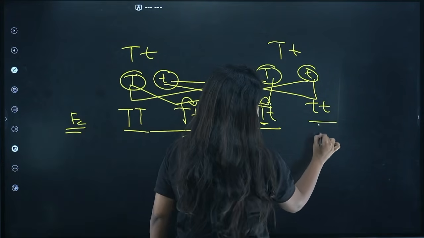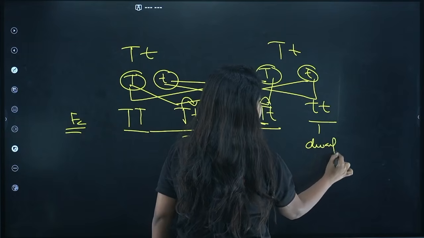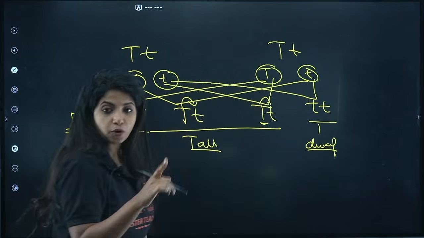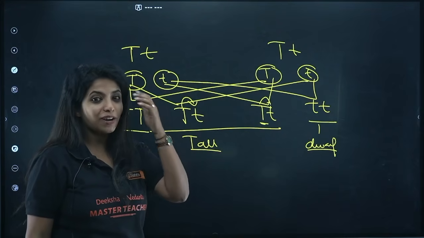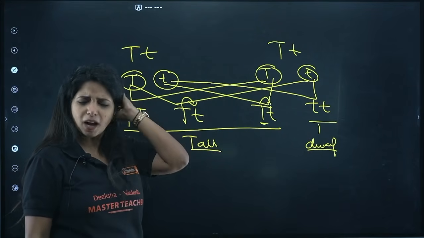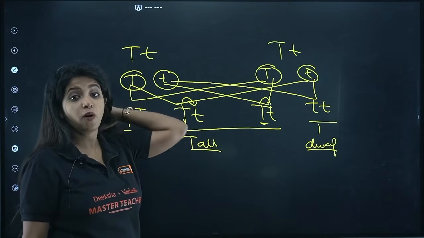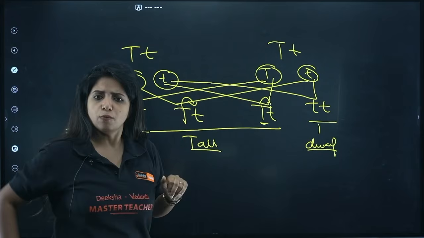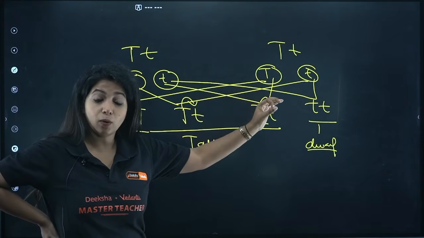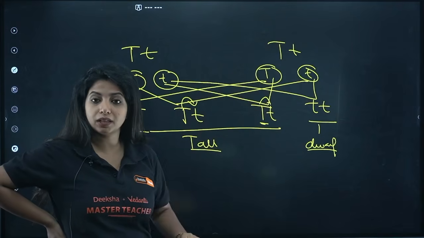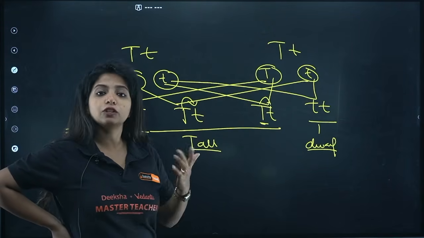Out of 4, 1 was dwarf and 3 were tall. So he understood that it didn't appear in the first generation because probably something was dominating over it. But the gene, or the allele, was definitely there. That is why it appeared in the F2 generation, the filial 2 generation.